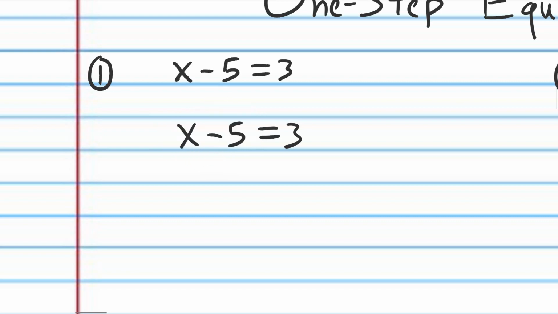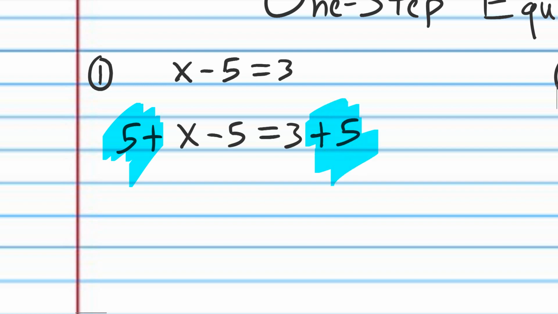So in order to get rid of the 5, we have to do the opposite of subtraction, which is addition. So the reason that we rewrote the equation is because we're going to add 5 to both sides. Now if we add 5 to one side, we have to add it to the other side. That's why I added it on both sides.